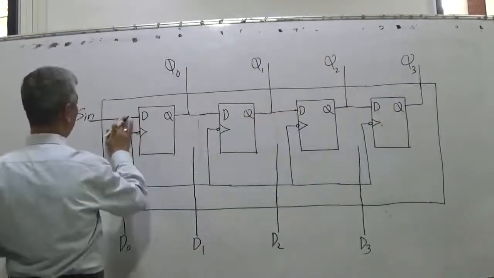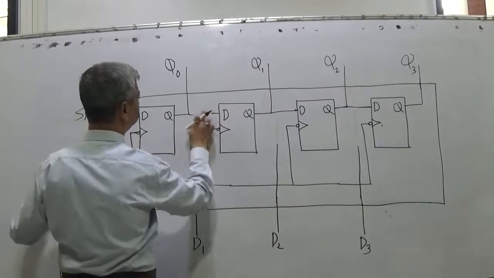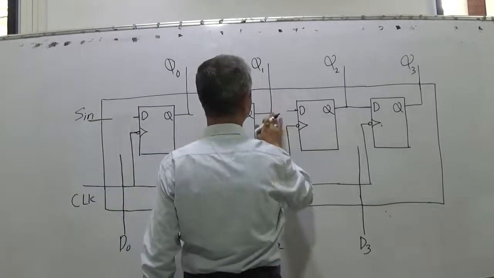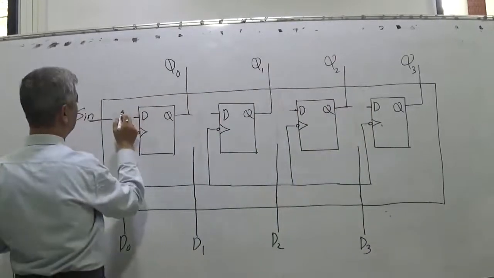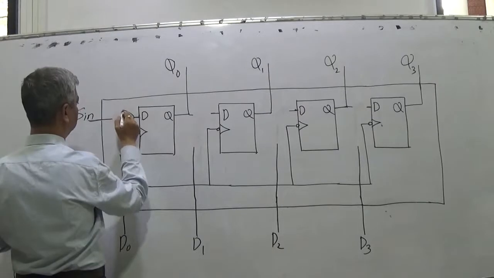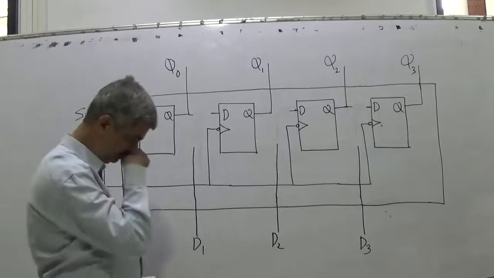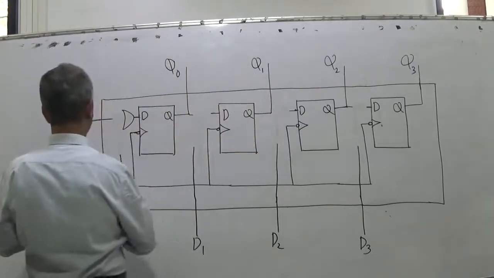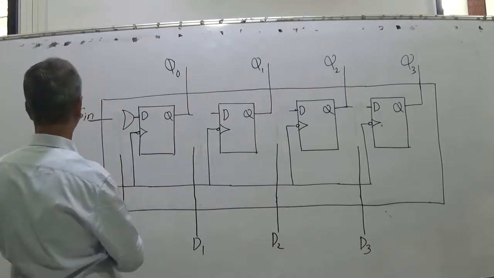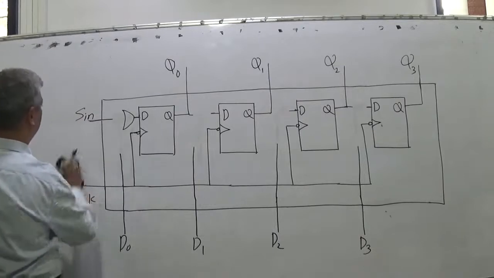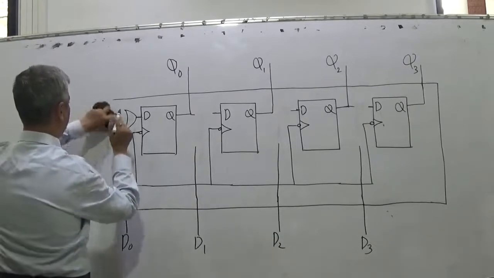So here what I will do is, this is an OR gate. This is an OR gate. I will show. I will draw the detailed diagram here and I will repeat it elsewhere.